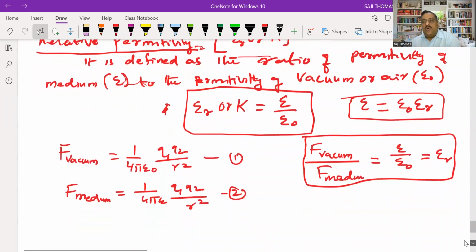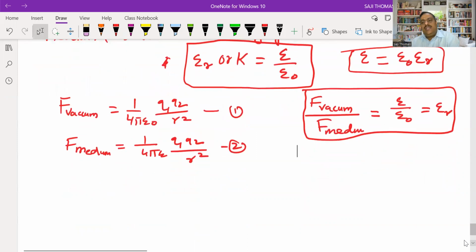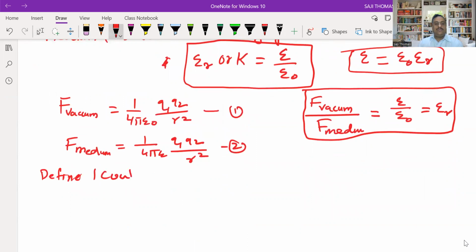So this is Coulomb's law. Now you know Coulomb is the SI unit of charge. Using this Coulomb's law equation, we can define 1 Coulomb of charge.